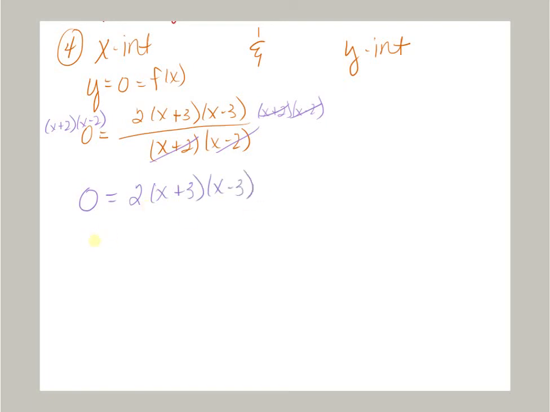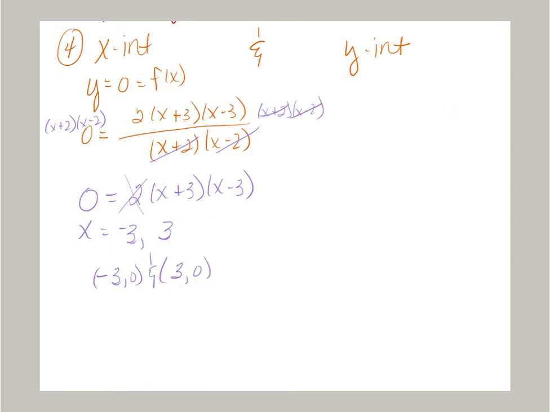And so that gives me zeros at -3 and at 3. And why does it not give me one at 2? Well, because if I set 2 equal to 0, that's just not true. That's just false. 2 is not 0. And so therefore, there's not one here. We disregard this. All right. So we have x-intercepts at (-3, 0) and at (3, 0).